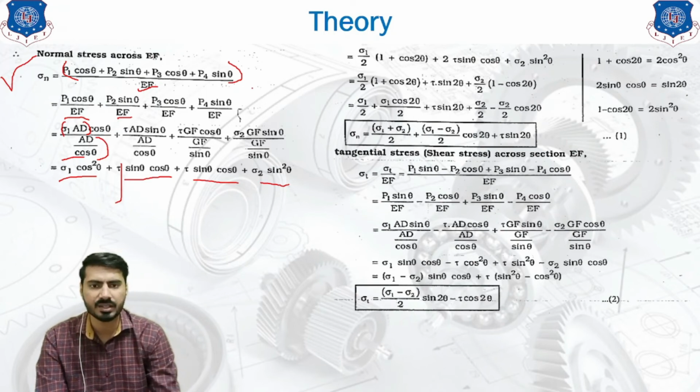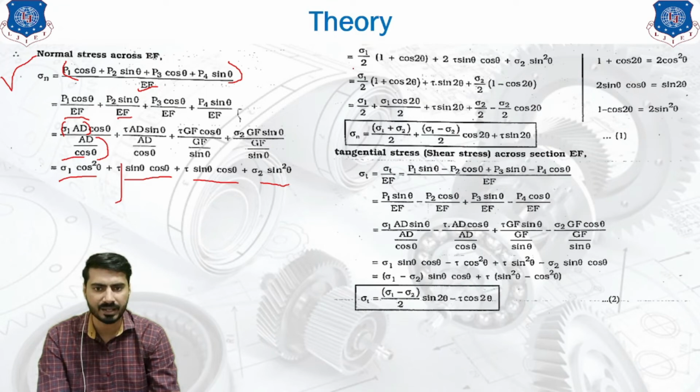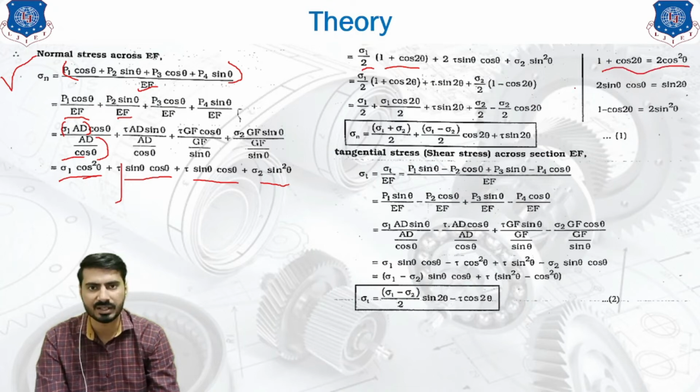Further, we can simplify this stress by writing, instead of cos square theta, 1 plus cos 2 theta upon 2. That is a basic trigonometry equation that we have studied in our 11-12 standard. Later on, you will see that tau sin theta cos theta is repeated two times.